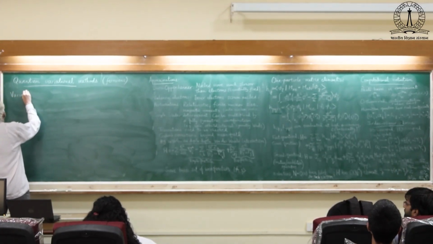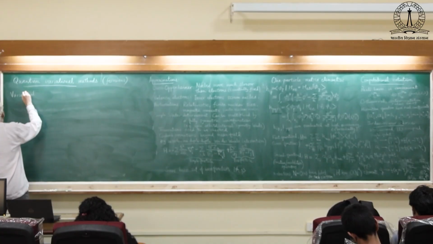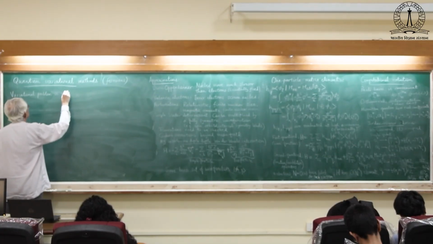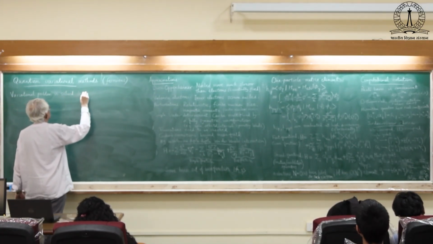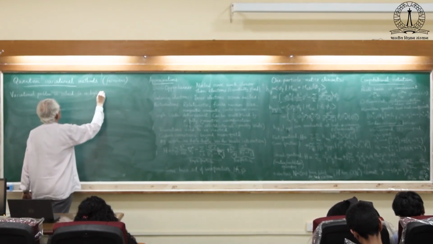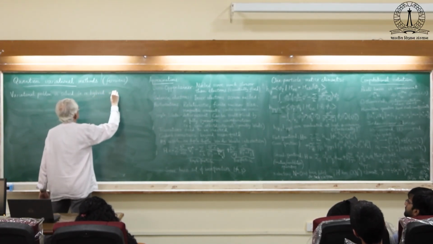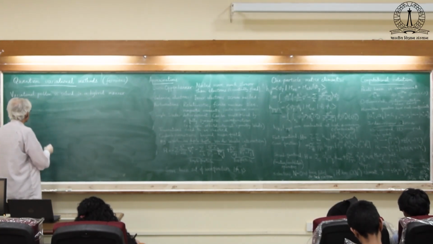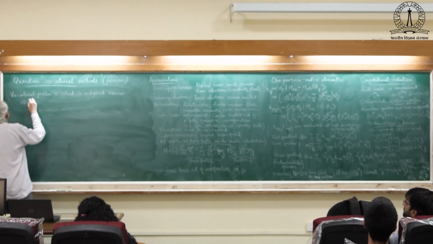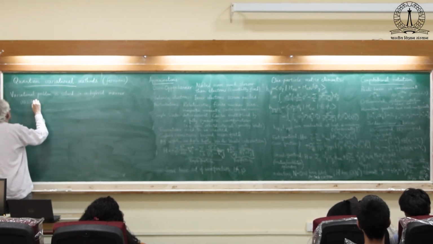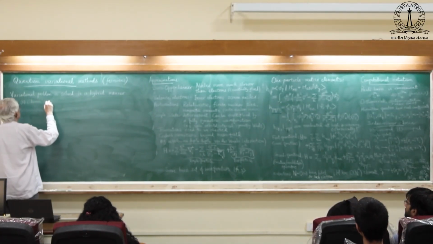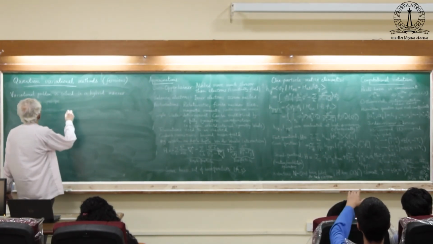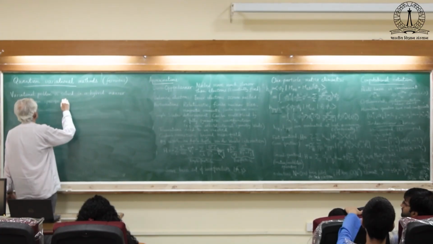So the variational problem is solved in a hybrid manner. So one step is choose specific superposition.